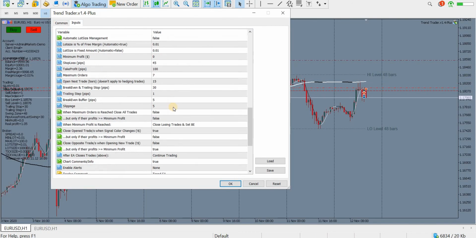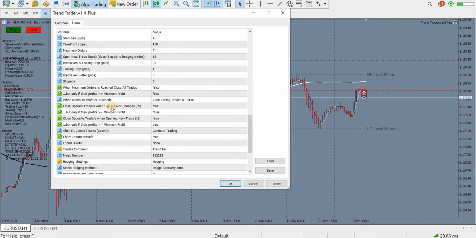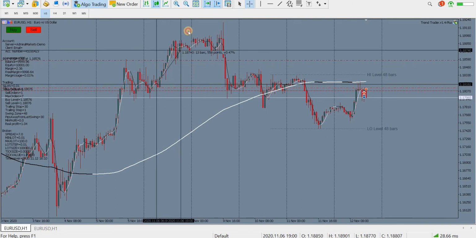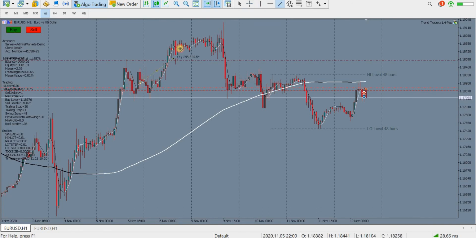Or if you had it close open trades when signal color changes, but only if the profit is bigger than the minimum profit, then the expert advisor will not have closed this trade and we have probably opened the next one, and then you would have had 1 and 2 good open trades, and they'll close later when the signal line will change the color again, and this time they will both close because both of them have earnings bigger than the minimum profit.